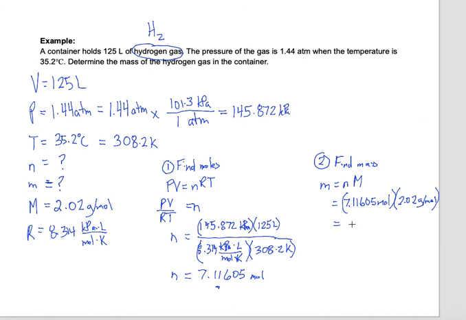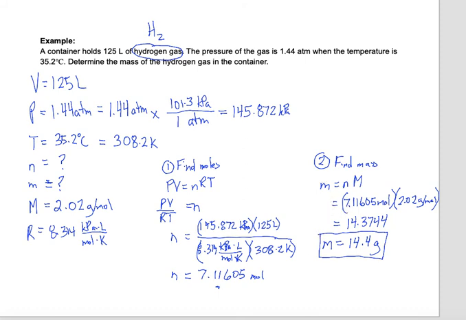And we will get 14.3744. And reporting it to 3 significant digits would be 14.4 grams. So that's how we solve that problem. So that's the mass of hydrogen that would be in that 125 liter container.